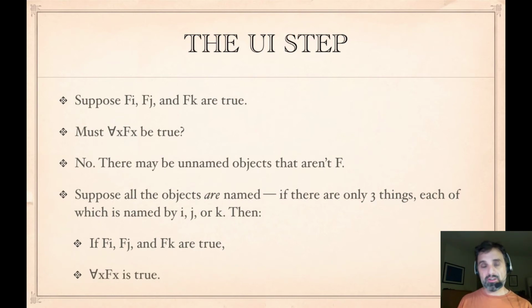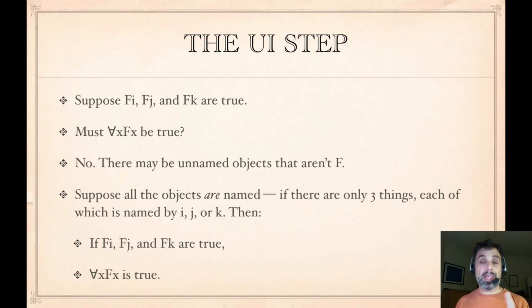So if we have a universal generalization, for all x, Fx, and then we have particular instances, so this is F, or that's F, or the other thing's F, and we have a bunch of instances, their truth does not, in general, guarantee the truth of the universal generalization.